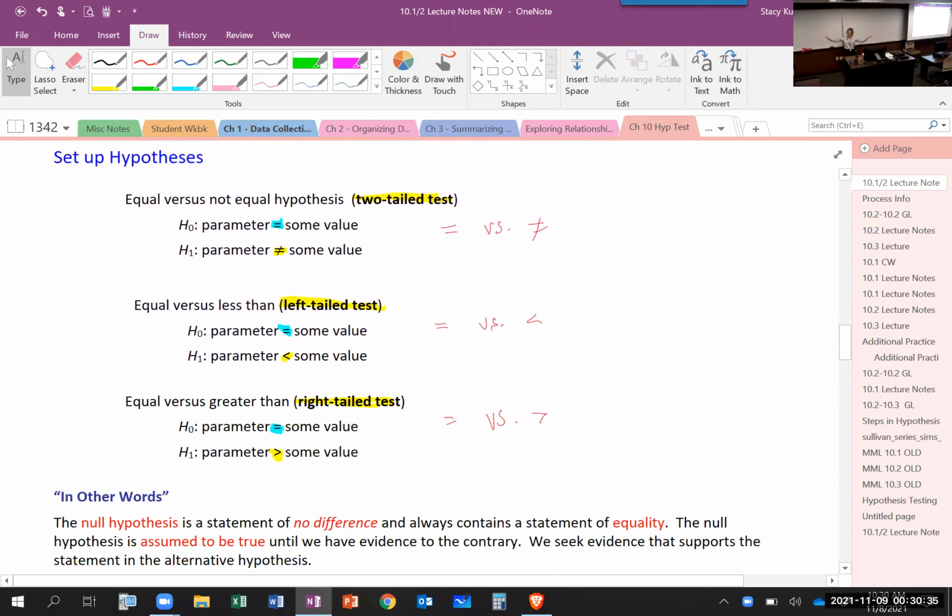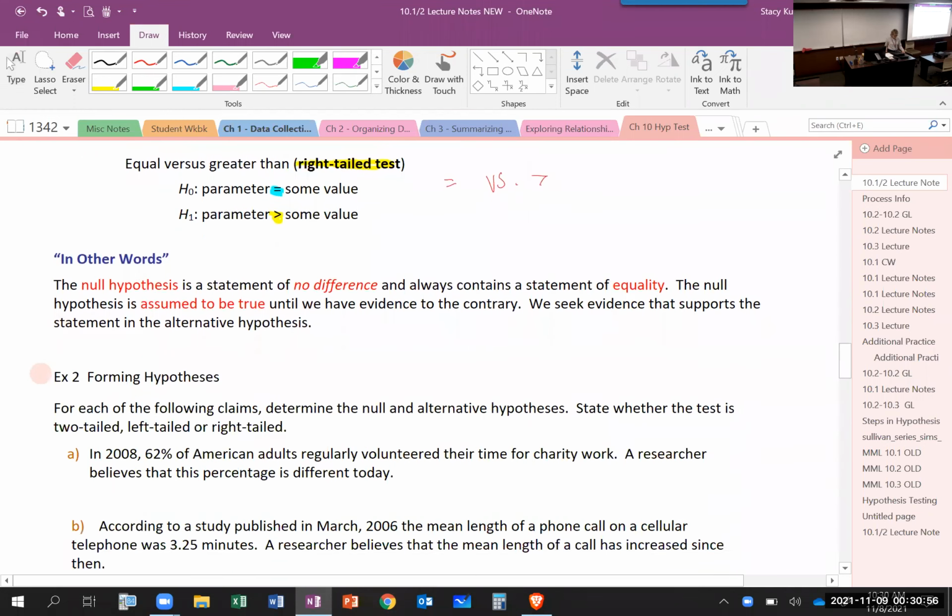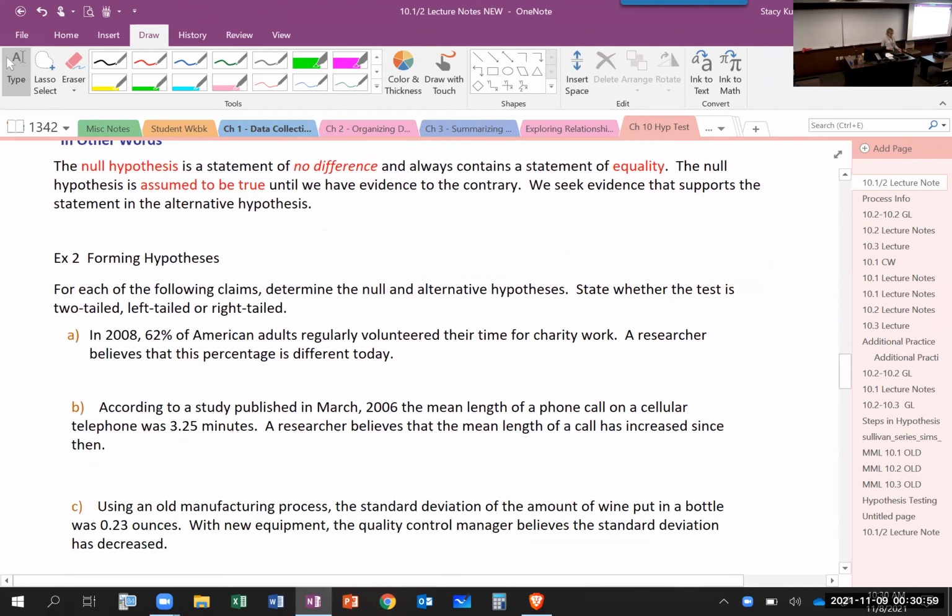So if we had a 5% level of significance on a two-tailed test, we would split the unusual values 2.5% on both ends. Does that make sense? That's how they come up with these 3 different tests. That's all they mean: where is that unusual mark? So we're going to practice that. Just remember that our null hypothesis is our statement of no difference, and it always contains an equality sign.